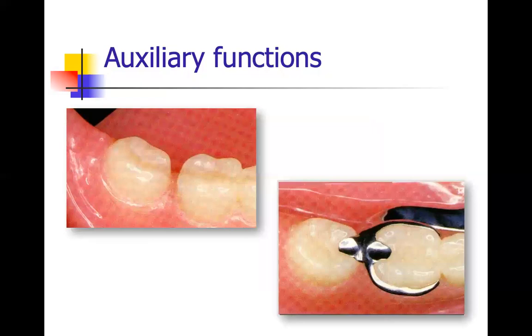If there is a space between two abutment teeth and an occlusal rest is placed over there, it will direct food away from the contact area or the embrasure area.